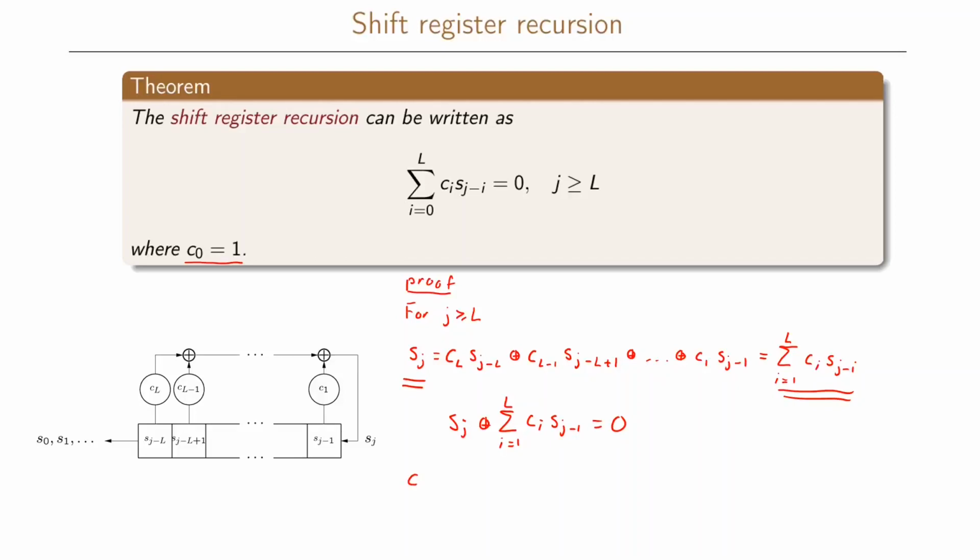If we now say that C0 is equal to 1, then we can say that C0 S j plus the sum for i from 1 to L of Ci S j minus i equals 0, which gives us that we can go from i equals 0 to L instead, where we have Ci S j minus i, and this equals 0.